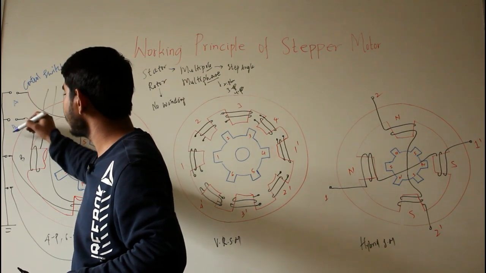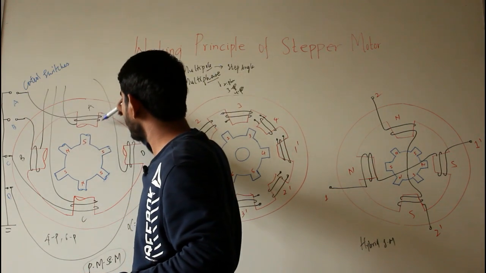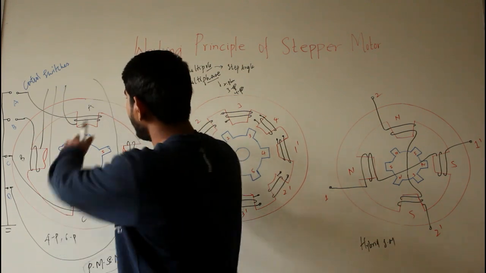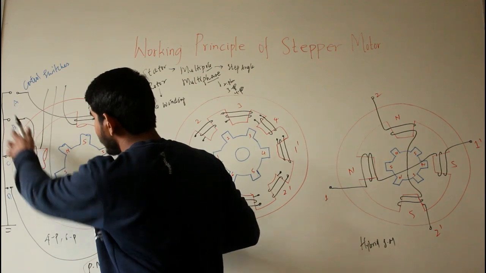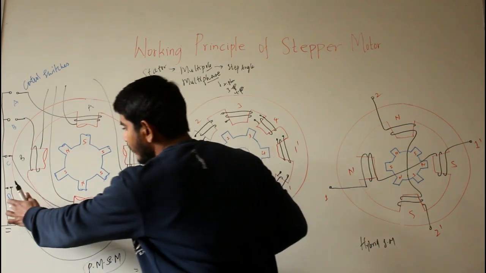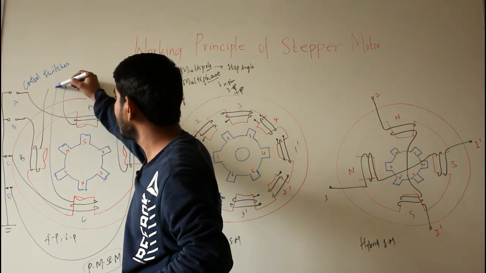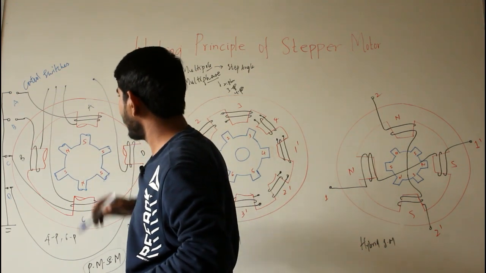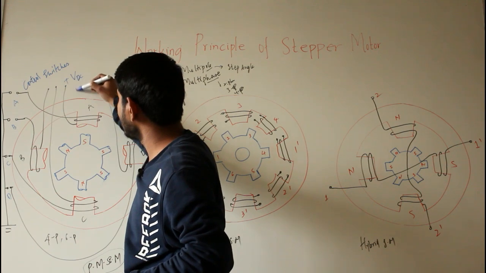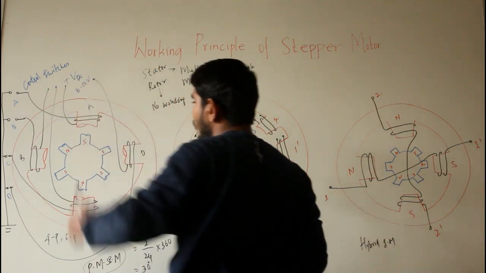This is your control switch A, this is B, this is C and this is D. From control switch A you have wound on the pole A and this is the end terminal of the winding on pole A, and from control switch B you have the winding wound on the pole B, and this is to the pole C, and from here to the pole D. All the end terminals of these windings are taken out to a terminal box where you can apply your DC voltage, which will be around 10 to 50 volts.